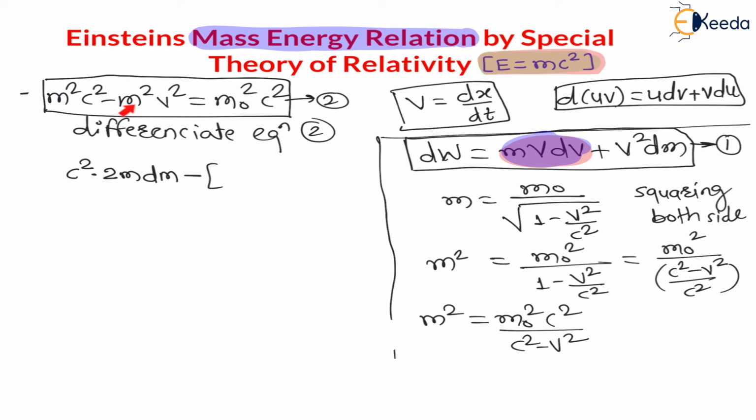Now my dear students, here both M and V are variable, therefore we have to go for the UV rule. First term M square is constant, derivative of V square will become 2V dV, because V is variable.